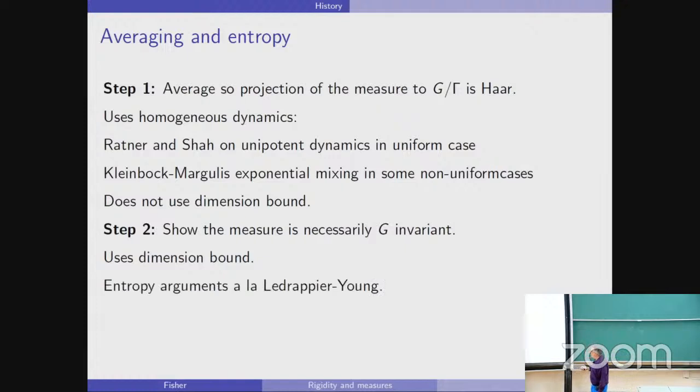And it's essentially built on entropy arguments, based on the deep work of Ledrappier-Young from the 80s that also has been used in homogeneous dynamics many times, and in many areas of dynamics many times. And in fact, the Brown-Rodriguez Hertz paper that Dujardin mentioned this morning also uses these ideas.